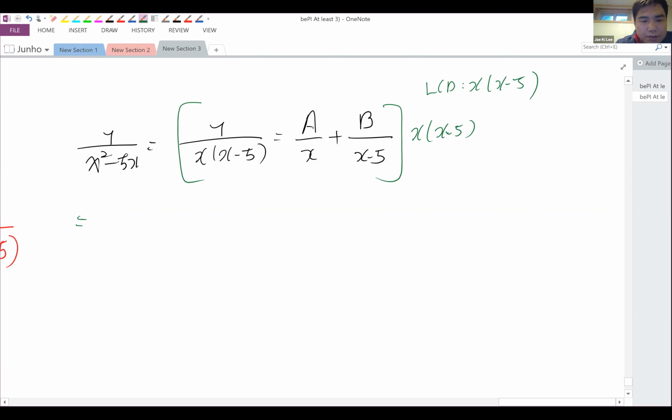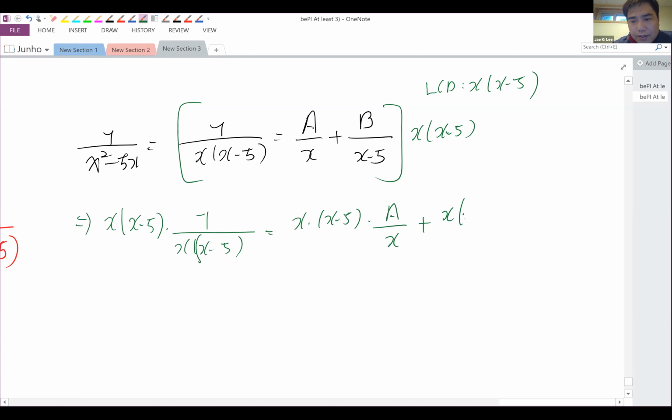And this becomes x minus 5 times 7 over x minus 5 equal to x minus 5 times a over x plus x minus 5 times b over x minus 5. So we cancel out all the common factors between numerator and denominator.